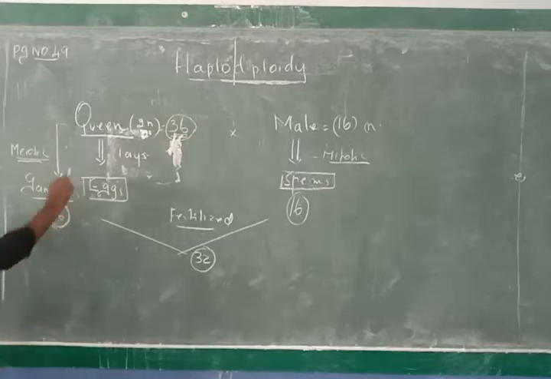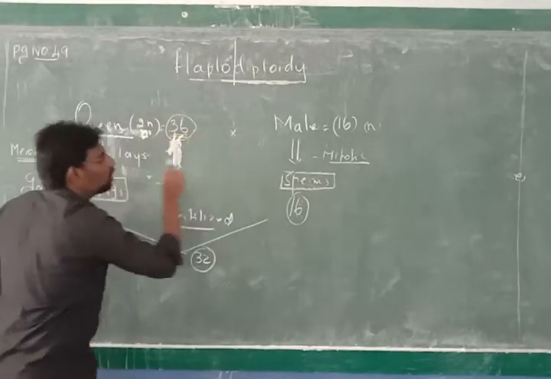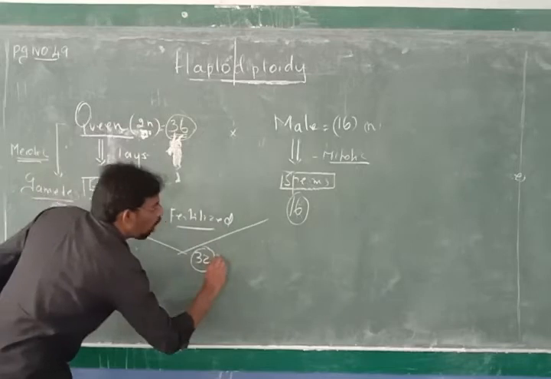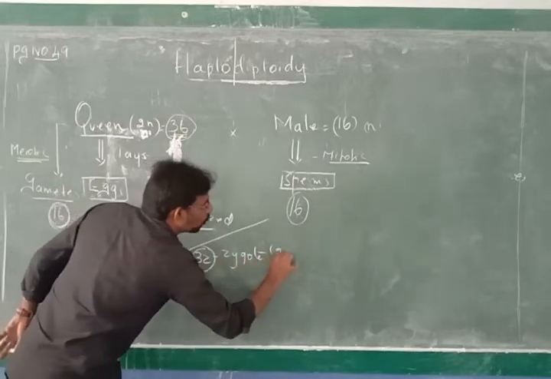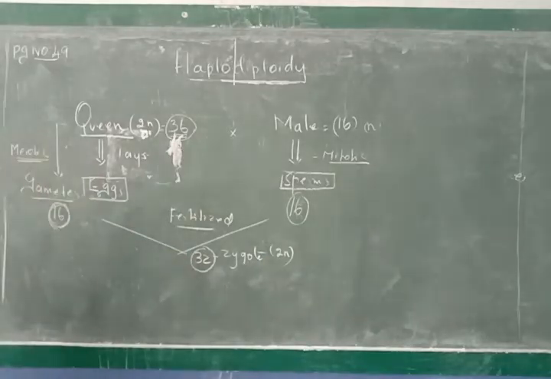Clear? So the female and male gametes join together and form the zygote, and in the zygote you have 2n chromosomes, that means 32. Does it become male or female? It is female. Why? Because the complete set of chromosomes has come there.